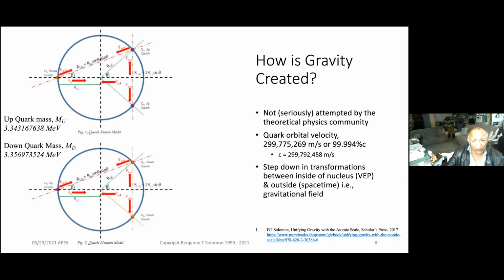How gravity is created is not something that the physics community has taken seriously. In fact, if you ask any physicist, they will say they do not know. All they know is mass. But if we look at it deeper, mass is actually a proxy for the amount of matter. And the model I built was a quark model of the neutron and the proton. Prior to 2015, the up quark mass was 3.343 MeVs, and the down quark mass was 3.356 MeVs.